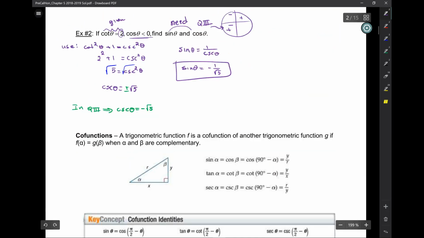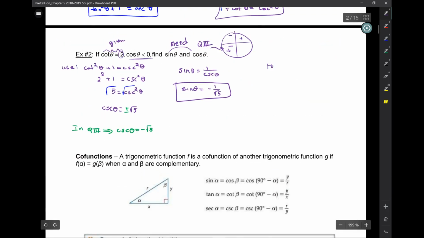So tangent of theta is sine of theta over cosine of theta. This time, let's do it more algebraically, and then plug it in later. Let's solve for cosine of theta, just to hone our algebra skills.